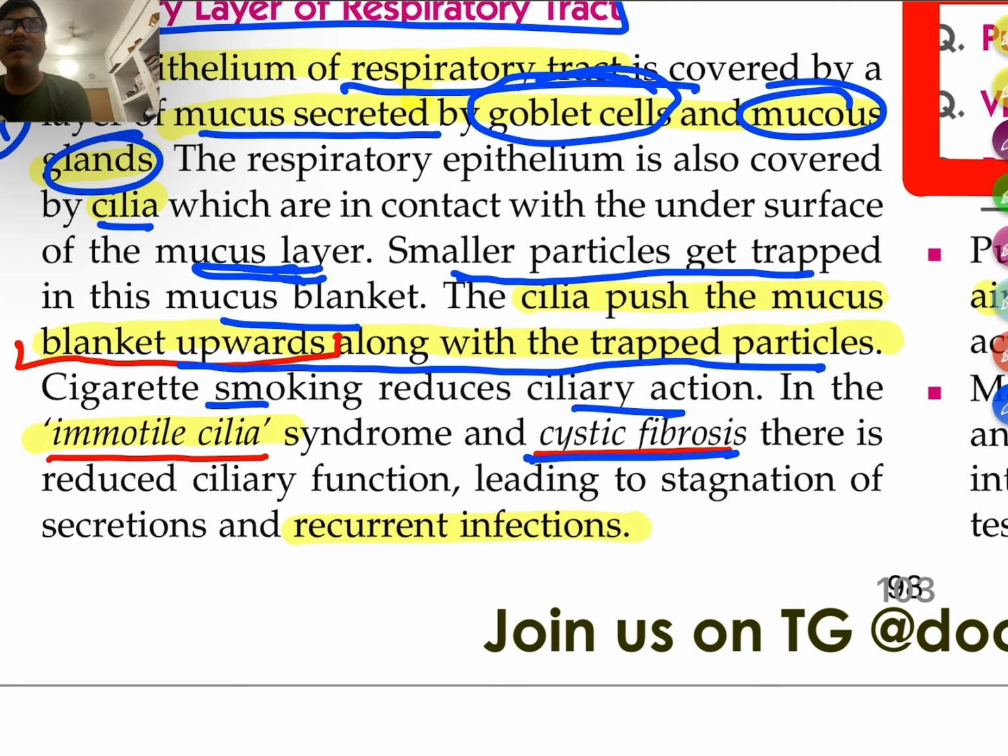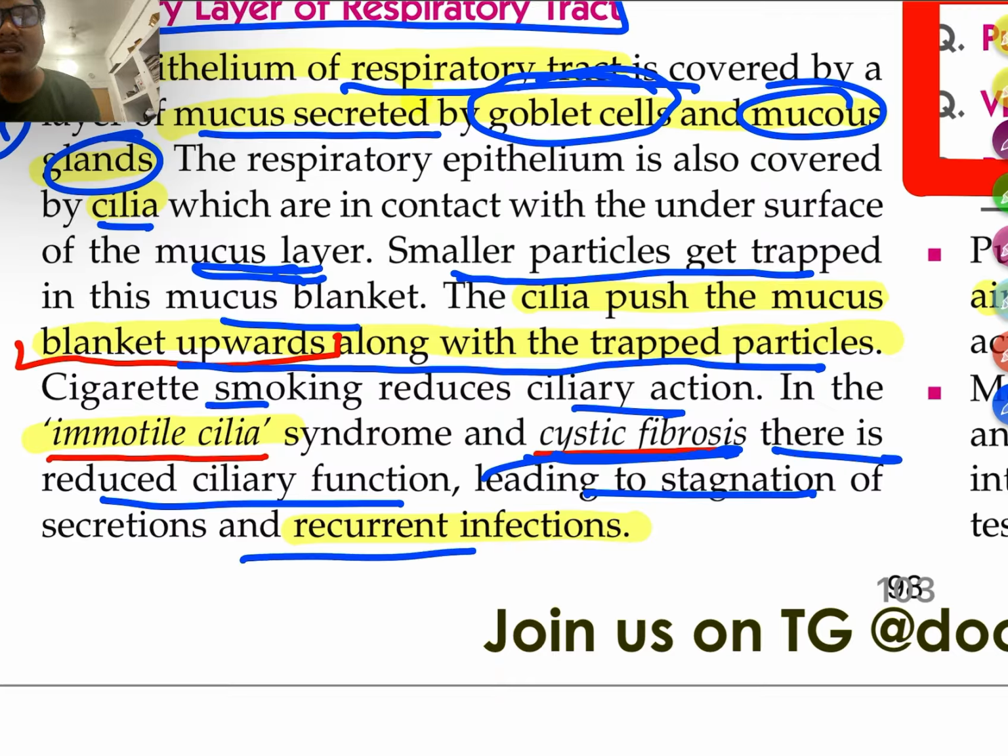Any disease that decreases the motility of the cilia anywhere throughout the respiratory tract, either in the trachea or the nasal cavity, is included under cystic fibrosis. The reduction in ciliary function leads to stagnation. If cilia are not functioning, the secretions accumulate in the nasal cavity, which leads to infection in the end.